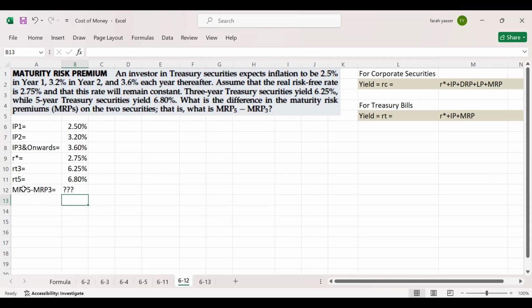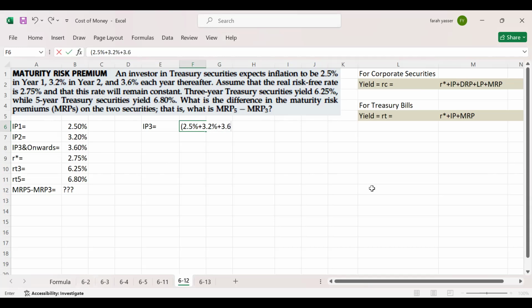So average inflation for 5 years and for 3 years is required. In workings, first of all, we will calculate IP 3 years. First year inflation is 2.5%, plus second year inflation is 3.2%, then third year inflation is 3.6%.